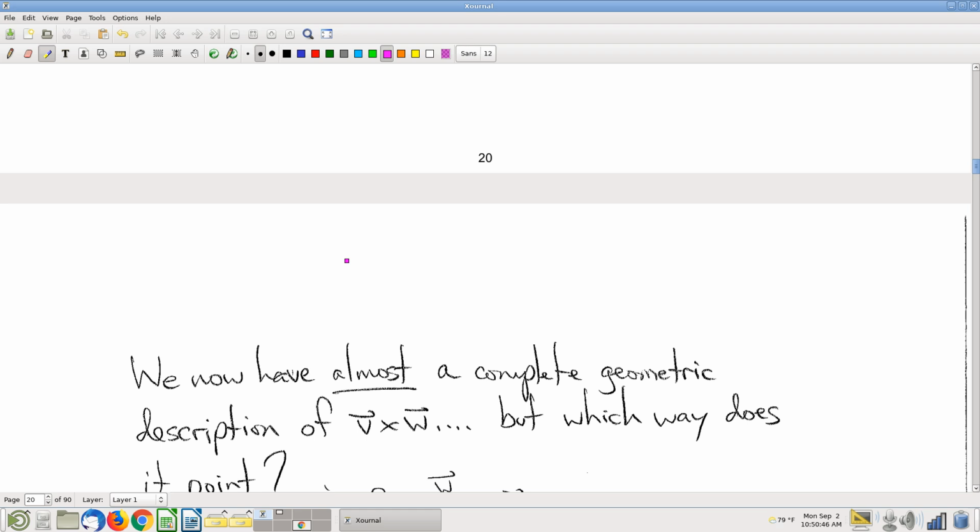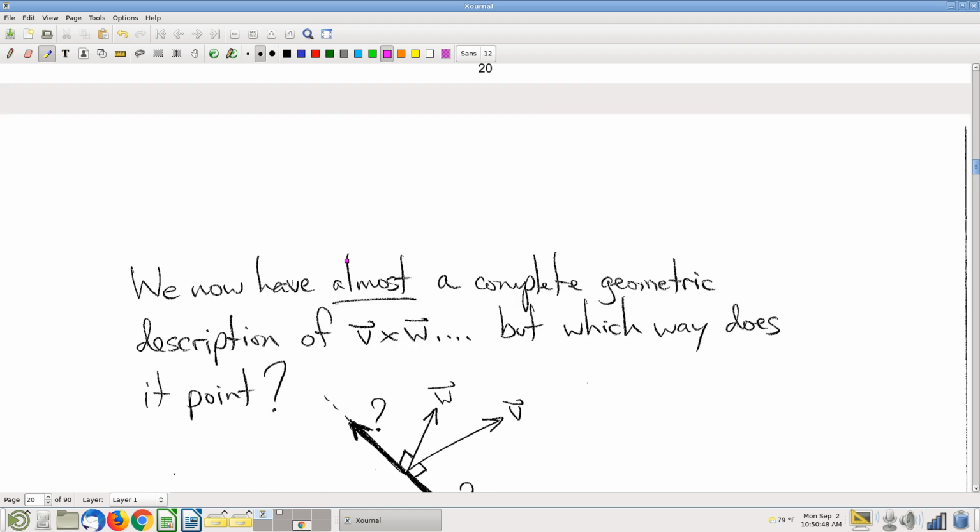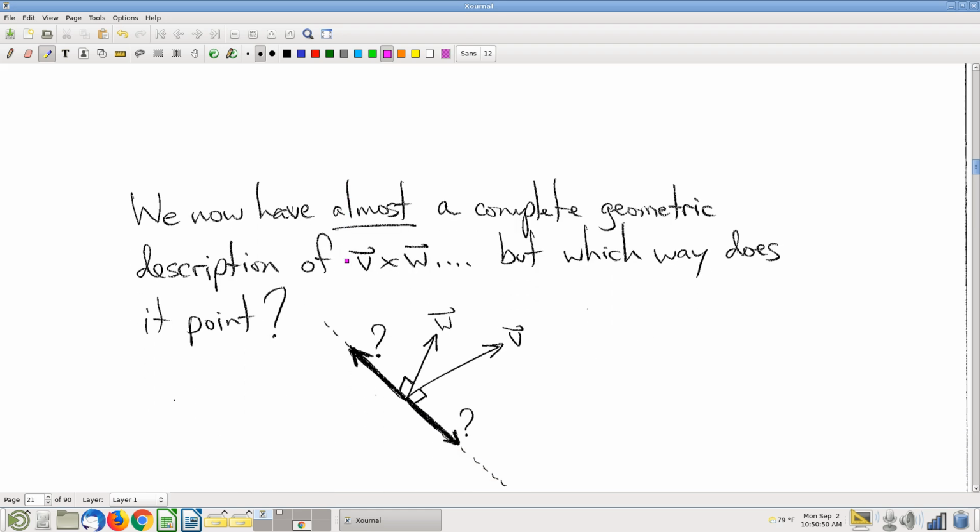Okay. So somebody brought up the idea of right-hand order, but let me present this as something we don't know yet because we certainly haven't established it yet. What we do know, that when you have two vectors, v and w, we do know that the cross product is perpendicular, but perpendicular could be like that or it could be like this. So how do you know which one it is?